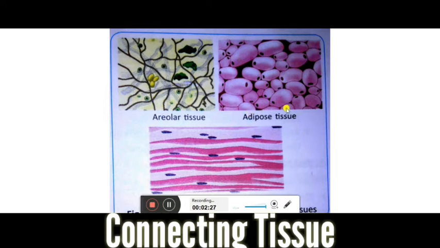Now next is the adipose tissue. Adipose tissue is basically the fat tissue. Because they store the fat and they are filled with oil globules. You can see these oil globules, small drops of oil, that is the fat, and that's why they work as a cushion for the organs.